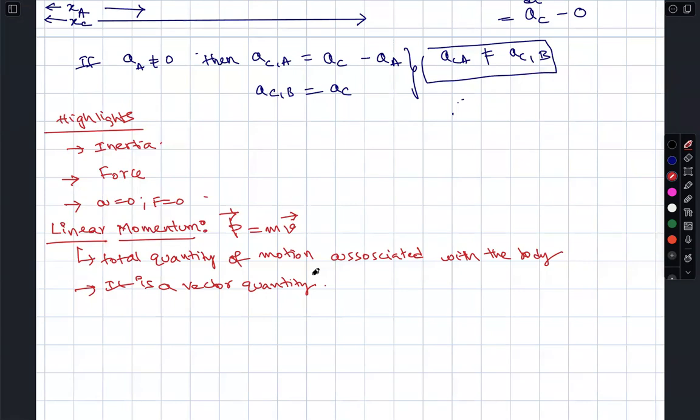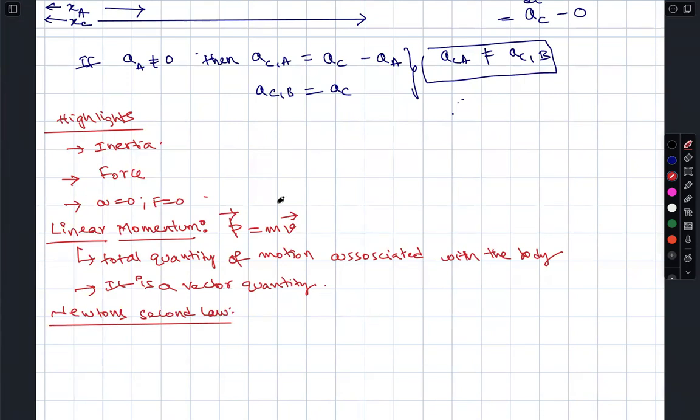Now, in an inertial frame, again, what is Newton's second law? You know, when there is acceleration, that disturbs the velocity, that will change the velocity.